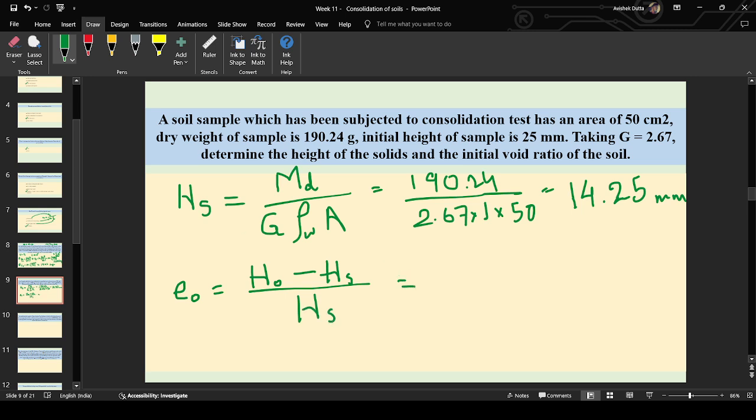What is the value of H0? H0 is 25 millimeters. To solve it, I believe you're getting 0.75, isn't it? Are you getting 0.75?